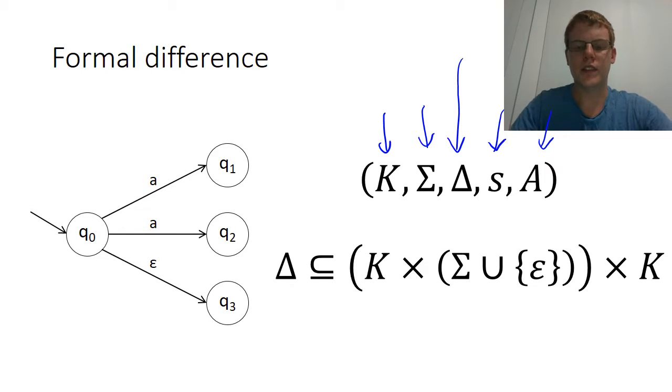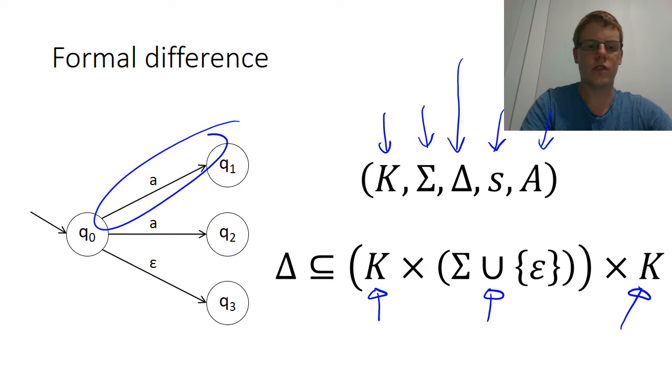And here, delta is allowed to be a transition relation and can be any finite subset of this Cartesian product. So to simplify it, you simply take a state and an element of sigma or epsilon, and you have the state that we can transition into.